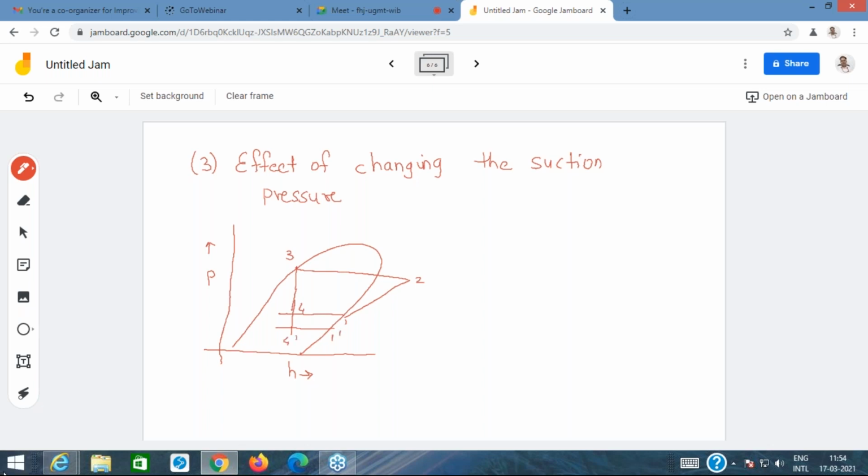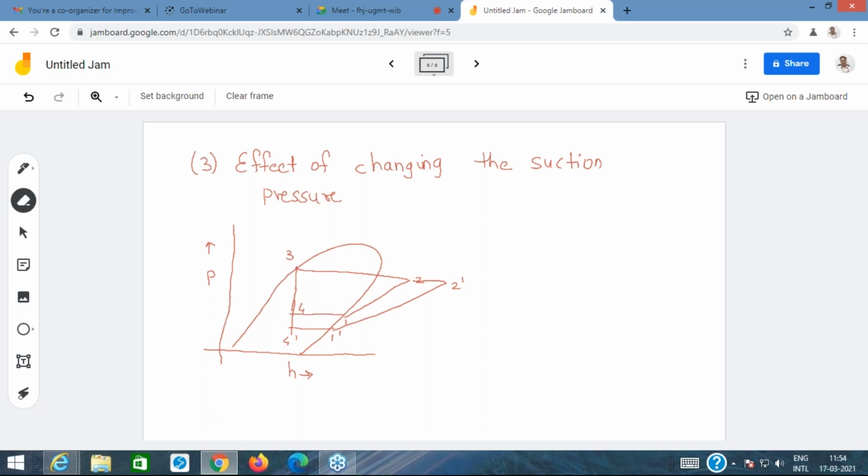This is 4 dash. This will be 2 dash. Okay, I hope this is very clear to you. You can erase the extra lines if you want.